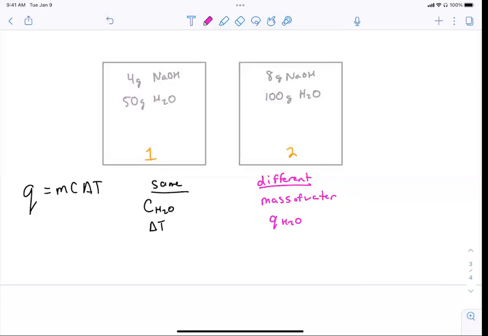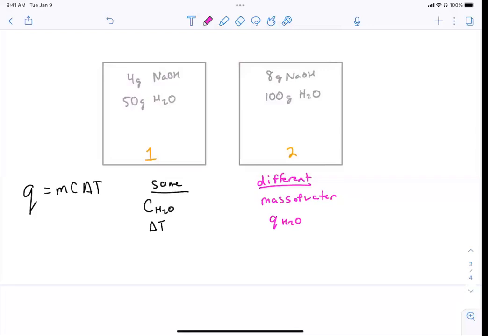Yes, Maria. So if the mass is different, like the grams of NaOH are different, is the Q always different? Yes, because it's going to release different amounts of energy into the water. Yeah, if I'd had my preference, I would have had Sammy answer last because he kind of skipped all the stuff in between and went straight to the delta T. Delta T is the last thing that I wanted to talk about here.